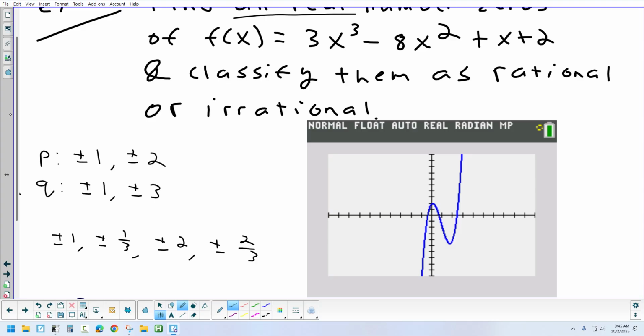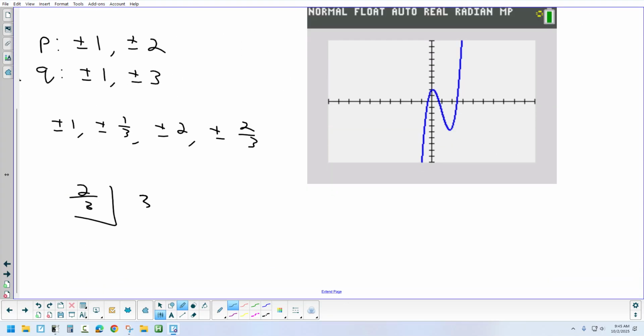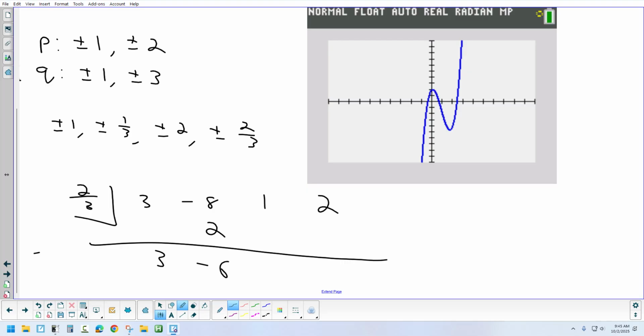So we've got 3, -8, 1, 2. Okay, bring down my 3. 2/3 times 3 gives me 2. Add that up, I get -6. Multiply 2/3 times -6. That's going to give me -12/3.